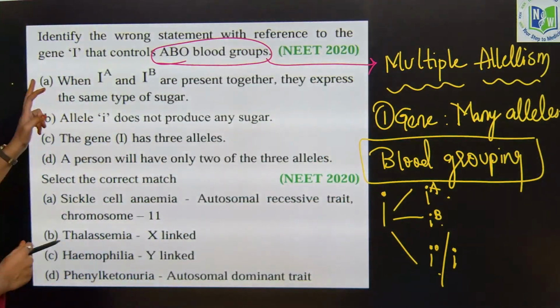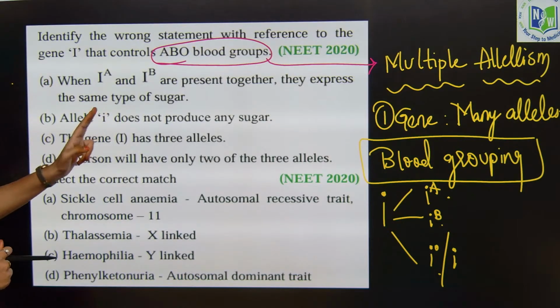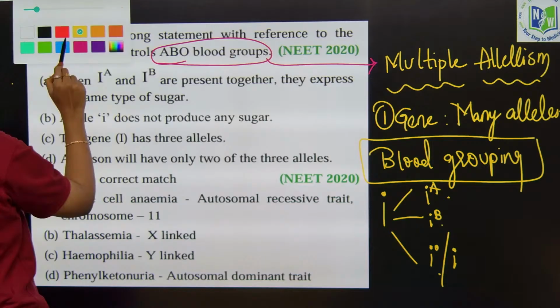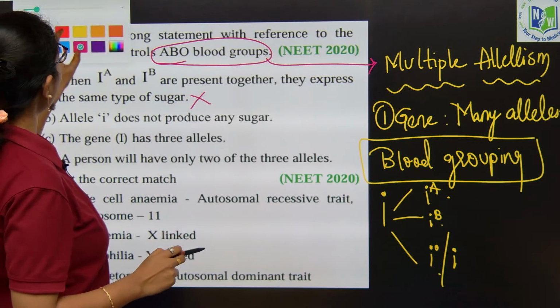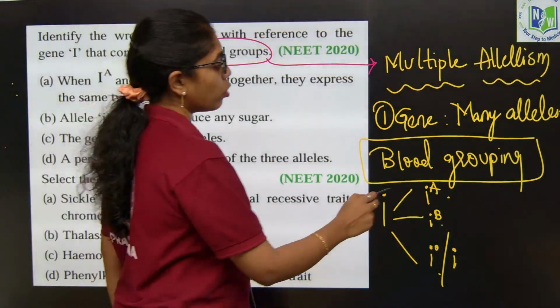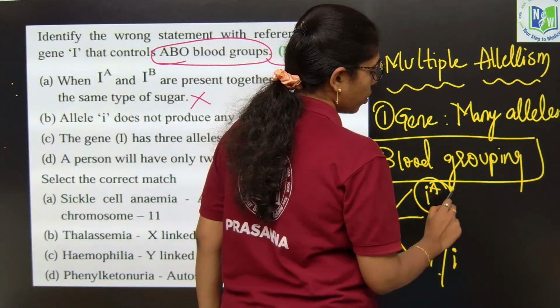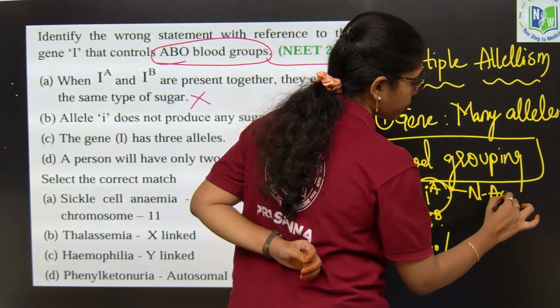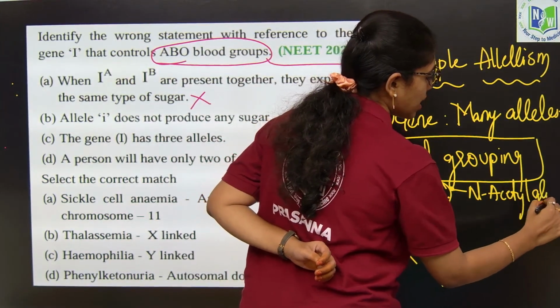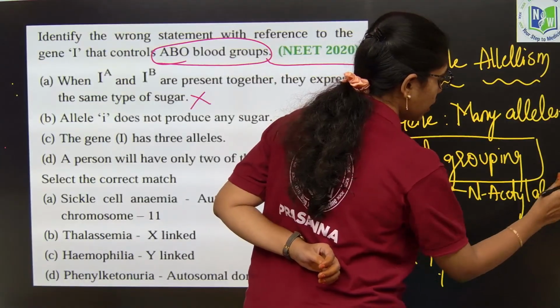Option: when IA and IB are present together, they express the same type of sugar. This is the wrong statement, because IA will be having N-acetyl galactosamine sugar over it.